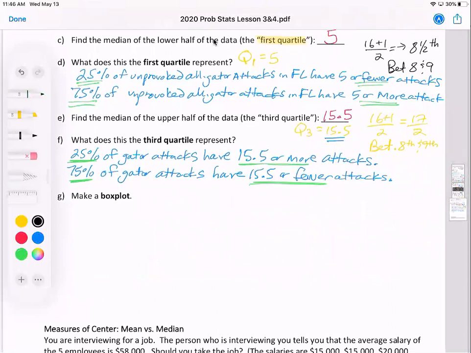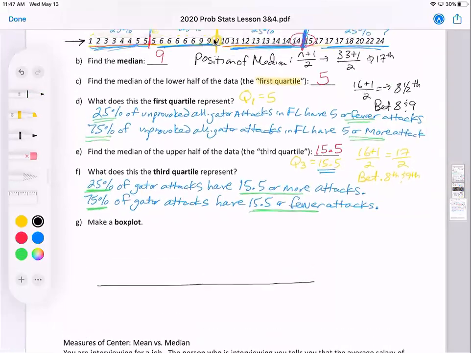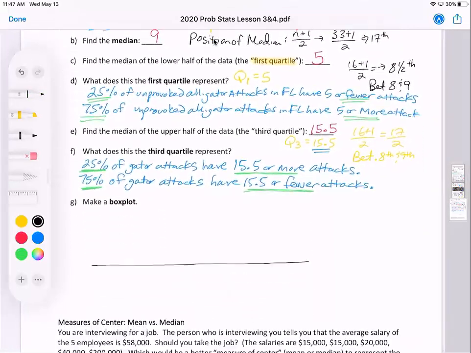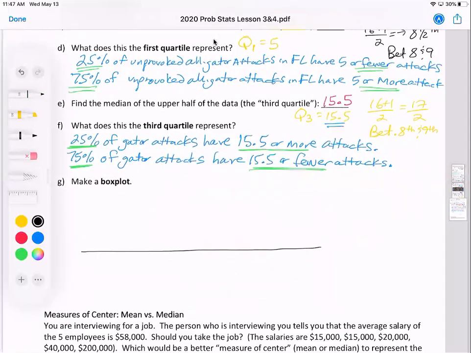So let's start with a scale, like so, kind of like with what we did with a dot plot. On the scale, we go from 1 to 24, so I guess we could count by twos. It's not too much. 0, 2, 4, 6, 8, 10, 12, 14, 16, 18, 20, 22, 24.